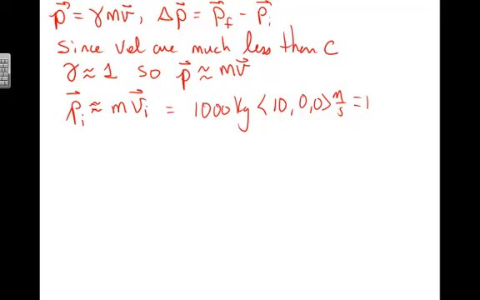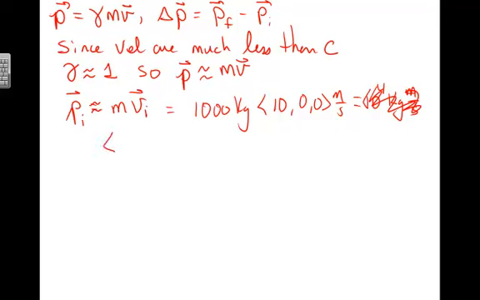I'm just going to write this as 10 to the 4 kilogram meters per second, just to be concise. Actually, what I should do is write that as a vector.